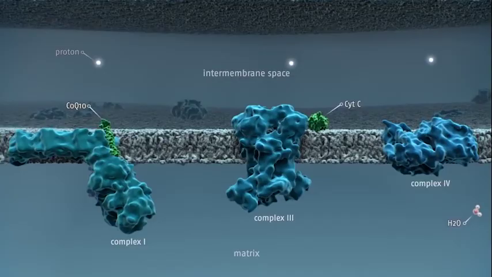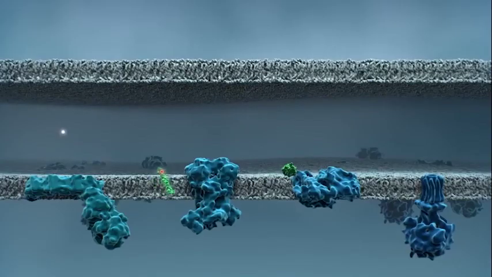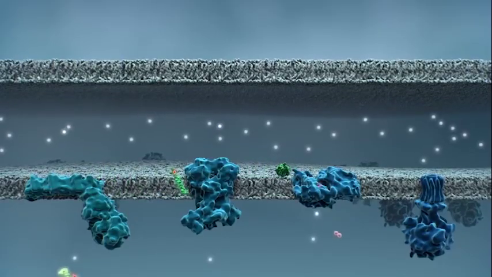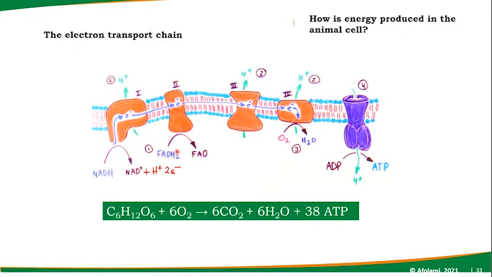So this is quite important, and in a similar way for FADH2, another high electron carrier, FADH2 is oxidized to FAD. The electrons produced are transferred to complex 3. Meanwhile, the proton produced is passed into the intermembrane space.